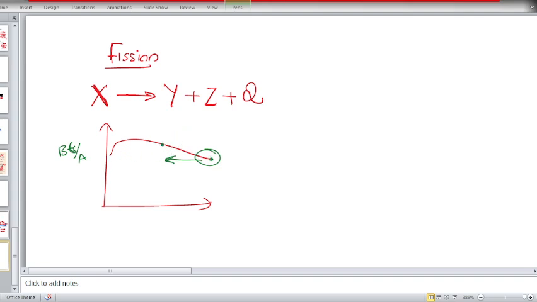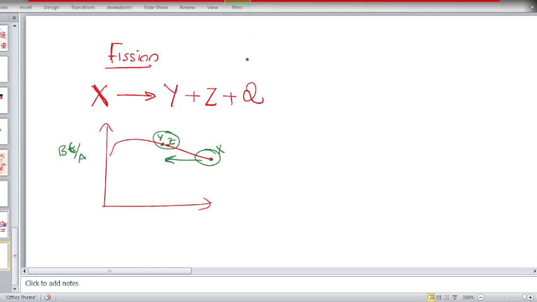Once it splits into two nuclei, Y and Z, coming at this position, while X is the heavy nucleus, they have more binding energy per nucleon, which increases the stability of the nucleus. That is the process happening in this fission interaction.